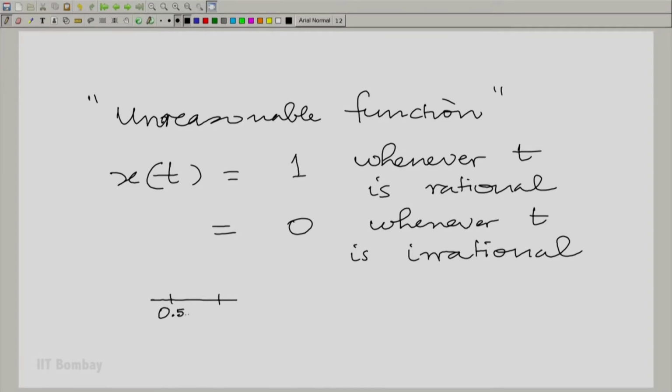Let's say 0.51 to 0.5102, a tiny little interval of size 0.0002, isn't it? Now in this tiny interval, there are an infinite number of points where the function takes the value 1 and an infinite number of points where the function takes the value 0. In fact, it's an example of a function which is continuous nowhere.